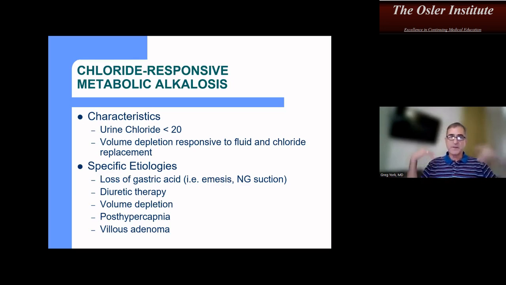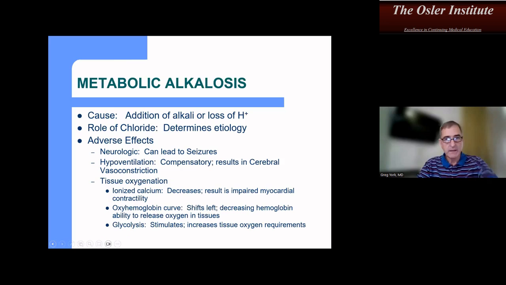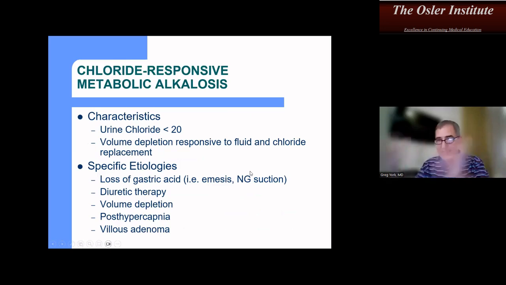The science behind the chloride responsiveness is that you have a metabolic alkalosis. So that means you have retained bicarb. And so that's going to drive your chloride down. And so if you provide chloride to replace that, that should drive the bicarb back down if the kidney's working right.